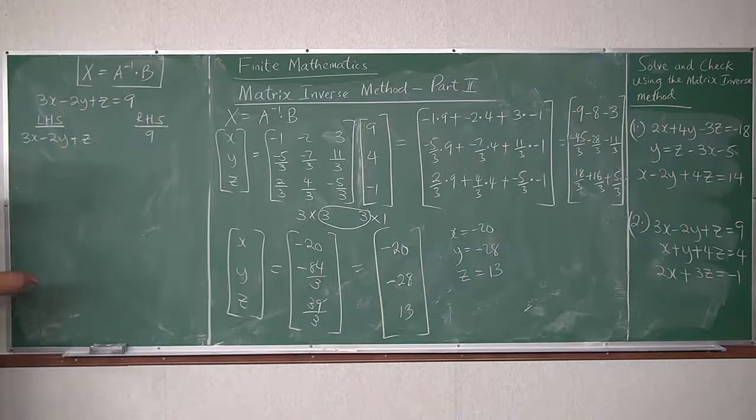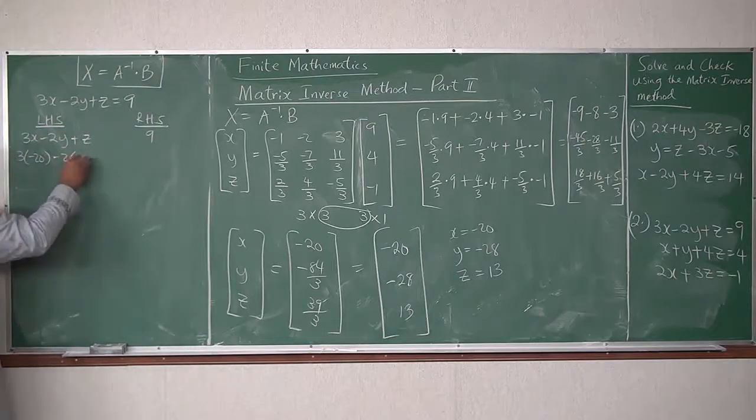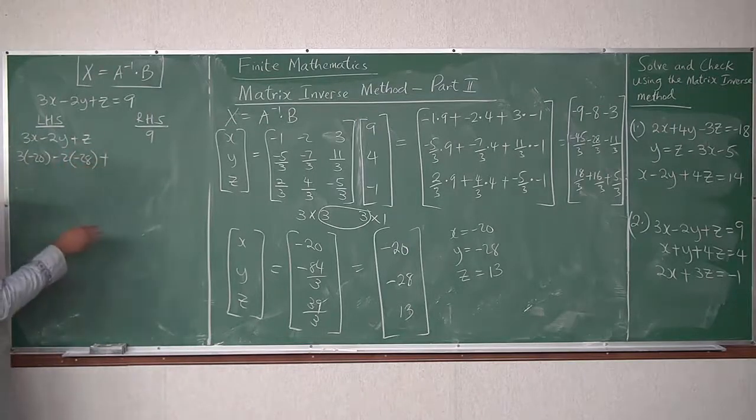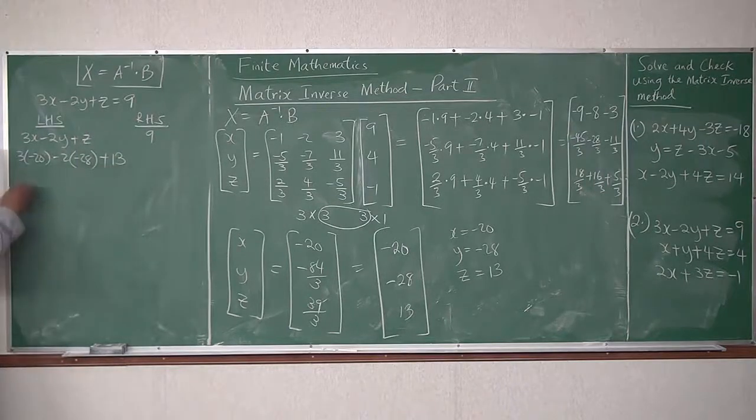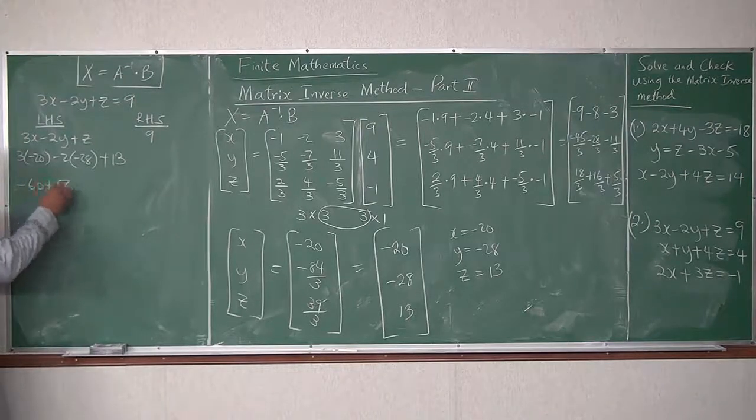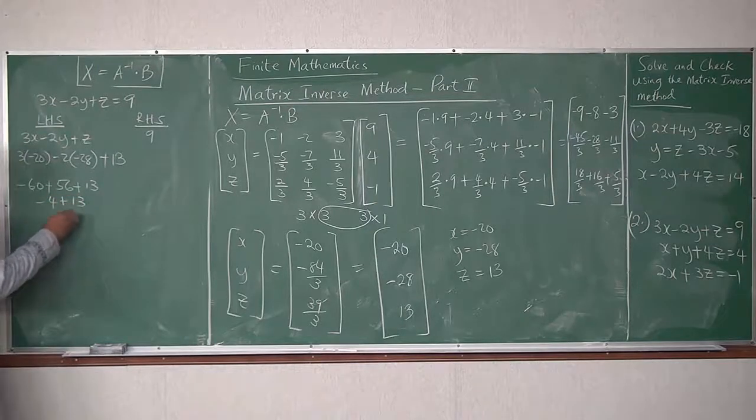So this will be 3 times negative 20 minus 2 times negative 28 plus 13. Negative 60 plus 56 plus 13. Negative 60 plus 56 is negative 4, plus 13, and that is 9. 9 on your left, 9 on your right.